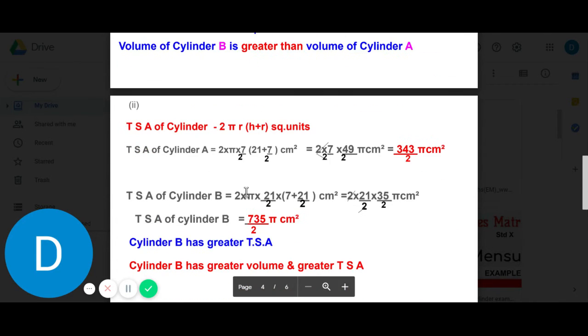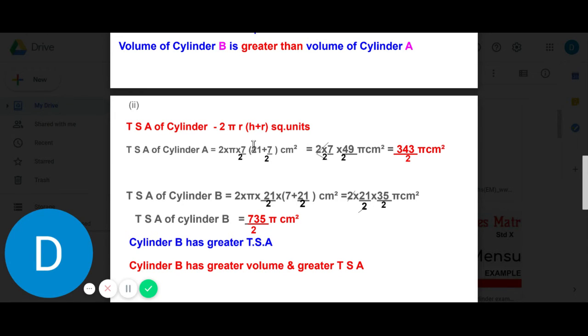Now second part, we should compare the total surface area of the cylinders. So total surface area of the cylinder is equal to 2 pi r into h plus r. So again we'll substitute for r and h. You will get total surface area of the cylinder A is equal to 2 into pi into r is 7 by 2 into within bracket h is 21, so 21 plus 7 by 2 centimeter square.